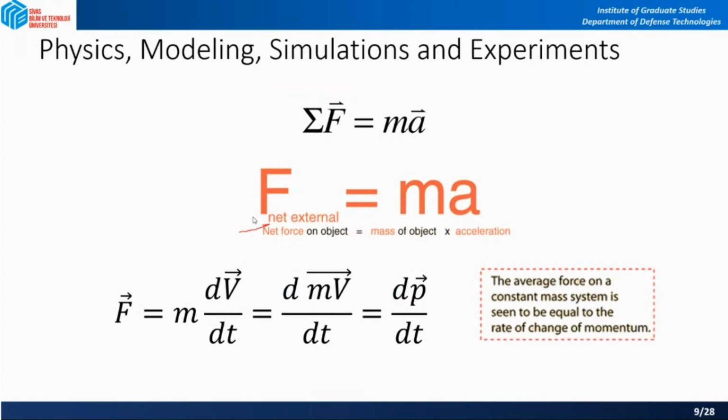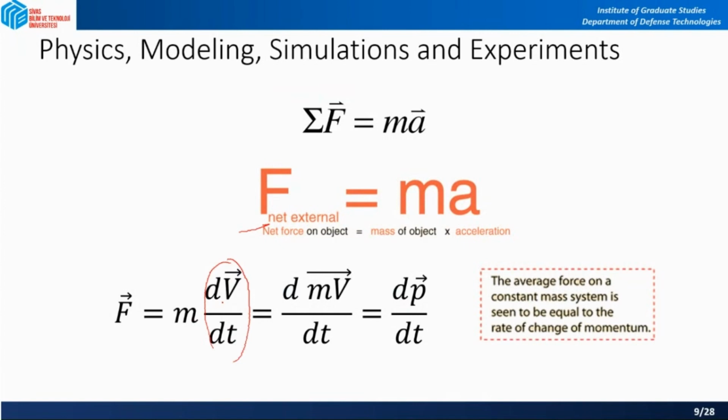The question is, okay, F equals ma, but what is a? What is acceleration? Instead of writing F equals ma, we can write F equals m dv over dt. Acceleration is the time derivative of velocity.